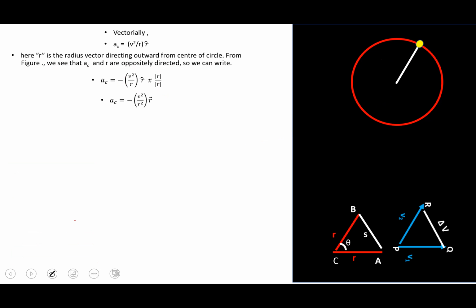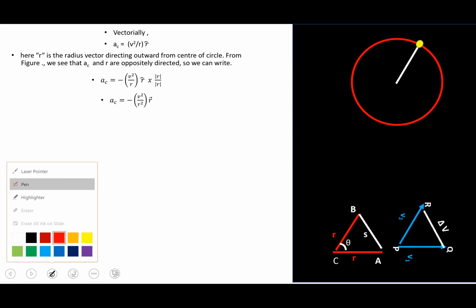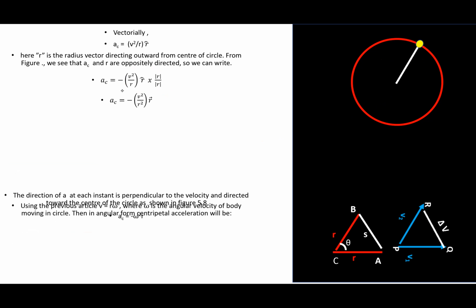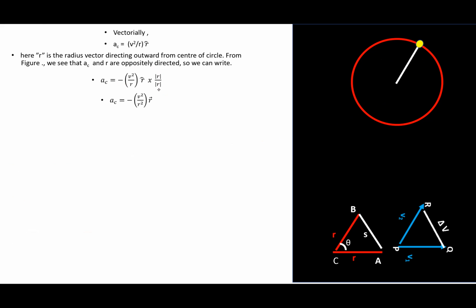Now AC is equal to minus v square over r square, because these two r's will multiply right over here.